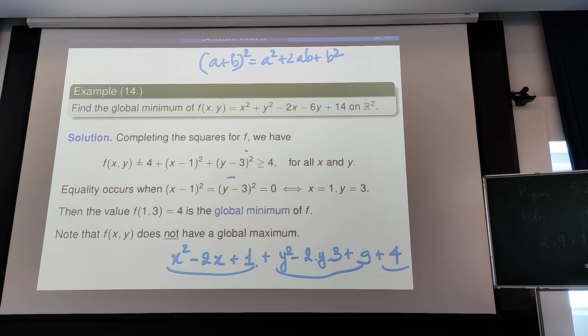So the given function obtains its global minimum at (x, y) equal to (1, 3). And the value of the global minimum is equal to 4. Okay? That is an example of a global minimum of a two-variable function using just only the definition. Okay?